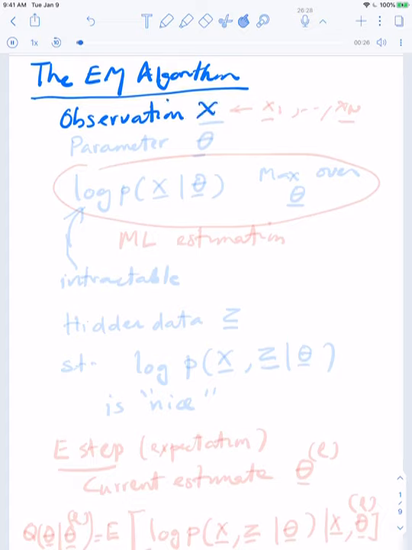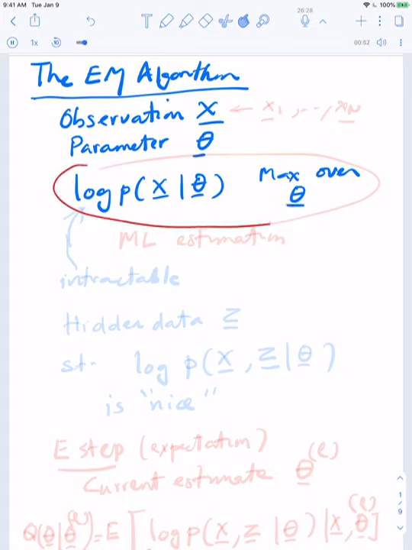So there's an observation X, a parameter theta, and I want to optimize log of P of X given theta. You want to max over theta, and basically that's my ML estimation framework.